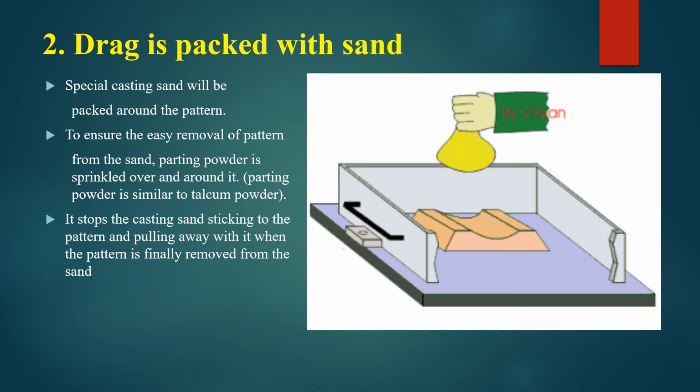Special casting sand is packed around the pattern to ensure easy removal of the pattern from the sand. Parting powder is sprinkled over and around the pattern. Parting powder is similar to talcum powder. It stops the casting sand sticking to the pattern and pulling away with it when the pattern is finally removed from the sand.